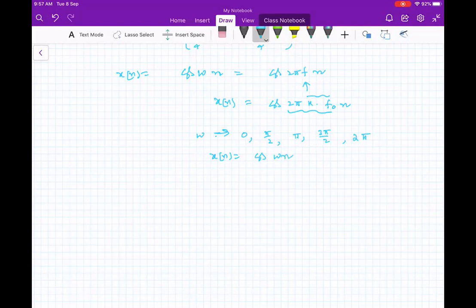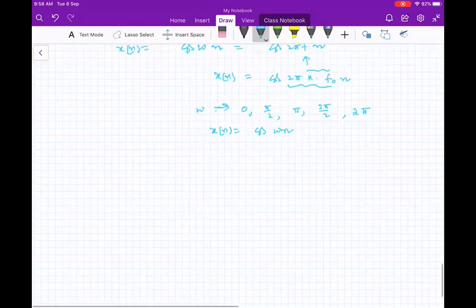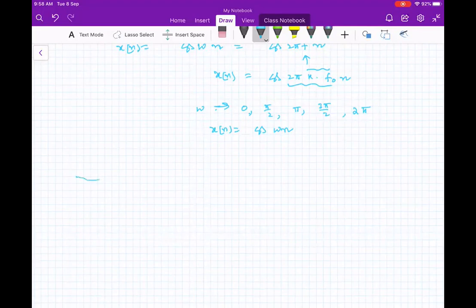Omega equal to 0, is it low or high frequency? Omega equal to pi by 2, how do you characterize it? Omega equal to pi? Omega equal to 3 pi by 2, omega equal to 2 pi? Can any of you quickly tell which is the high frequency among all these? 3 pi by 2, is it?